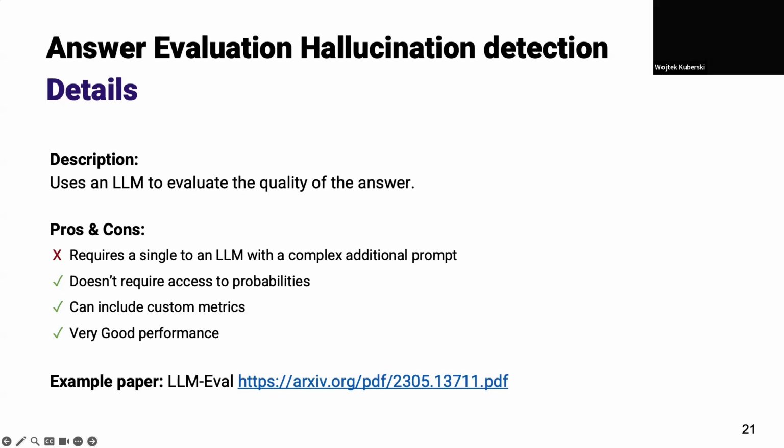And both in the literature and in our experiments, it gives really good performance. It's actually the best performing approach out of the ones we've examined. An example paper here is called simply LLM-Eval from last year. Again, you can check it after the webinar.